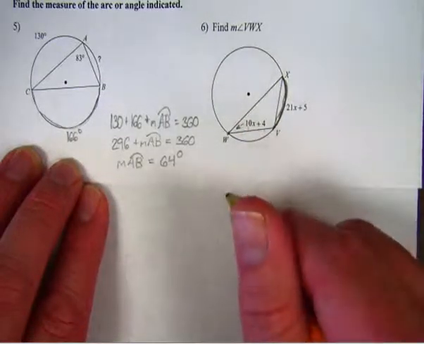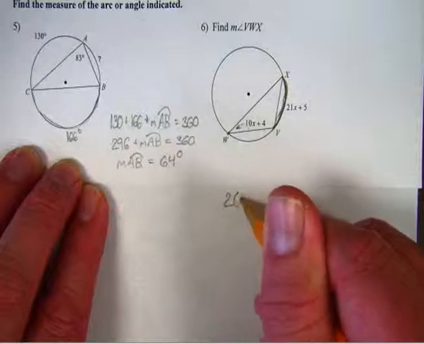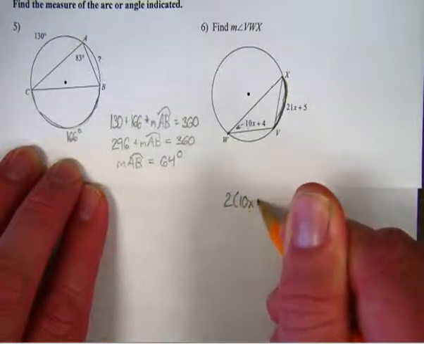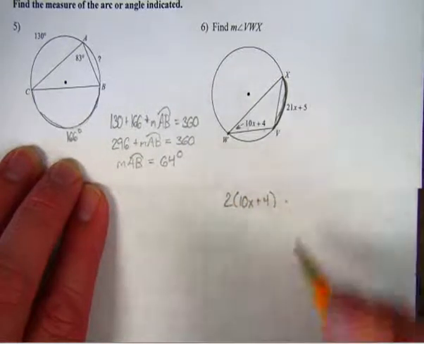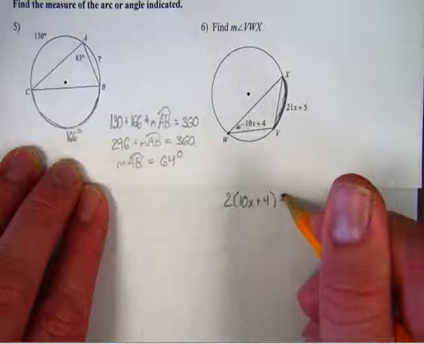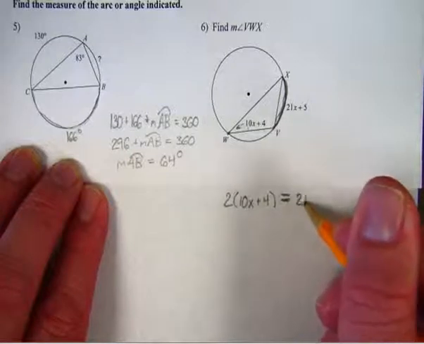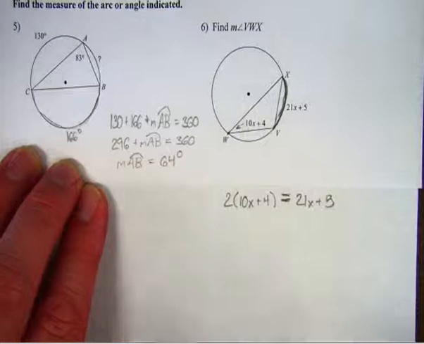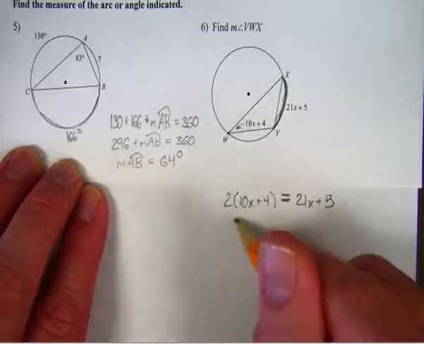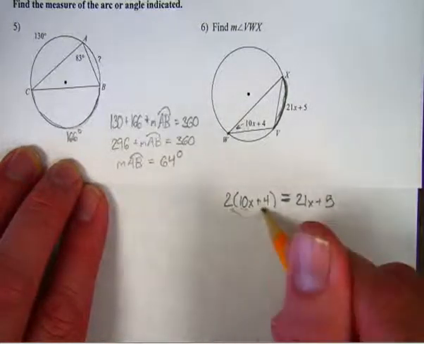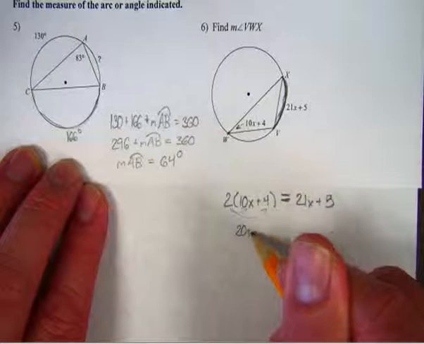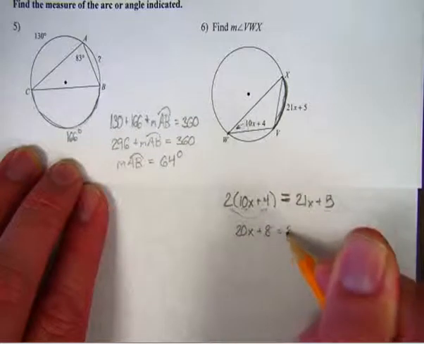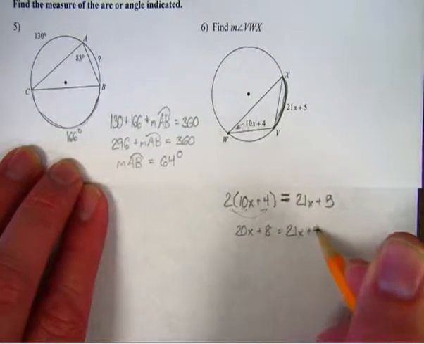So what I can say is that 2 times the measure of the angle, so 2 times 10x plus 4, must be equal to the measure of the arc, 21x plus 5. And now it's all just algebra to solve this. I'm going to distribute that 2 throughout the problem. 20x plus 8 equals 21x plus 5.